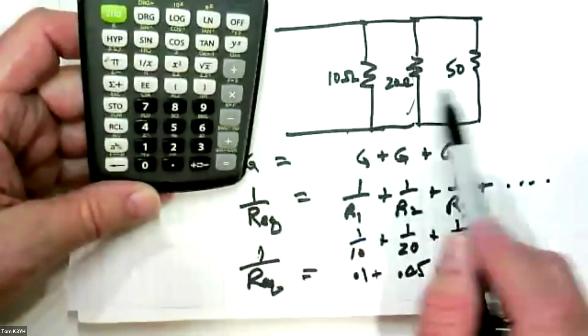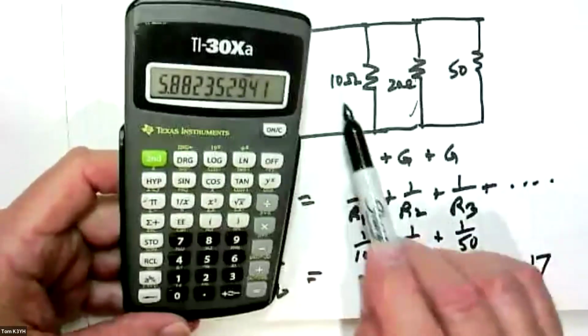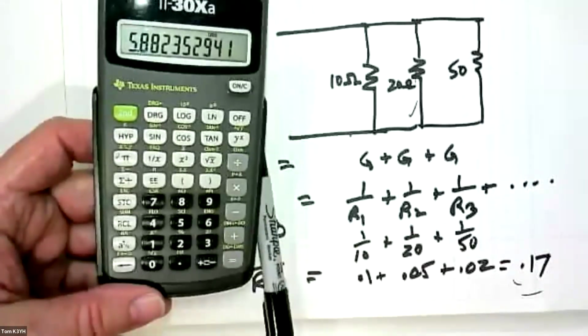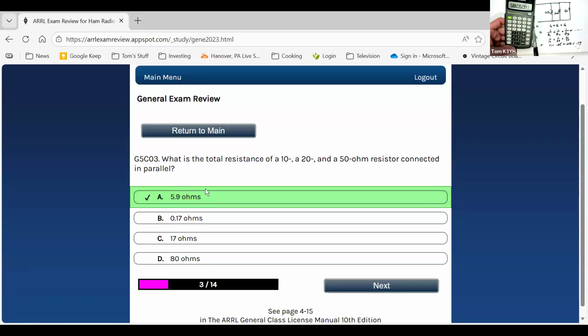Again, it's less than 10, so if I got like 58 or something like that, I'd know I made a mistake because the answer has to be smaller than the smallest number. So I'll go back to the choices here, and remember I had 5.88, basically 5.9 ohms. So I'm adding the conductances, which is to say the inverse of the resistances, and then I invert that back to get the equivalent resistance looking in at the input.